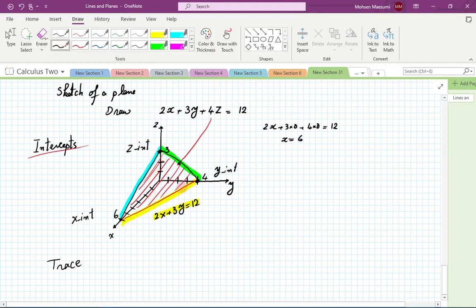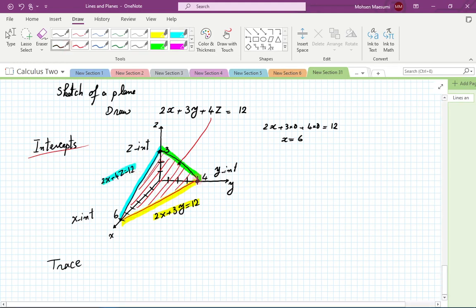I can do that for any of them. For this one, who is it that's going to be 0 on this blue line? Of course, I'm on the xz plane, and y is going to be 0, and what's left there is just 2x plus 4z equals 12. That is the equation of this one.